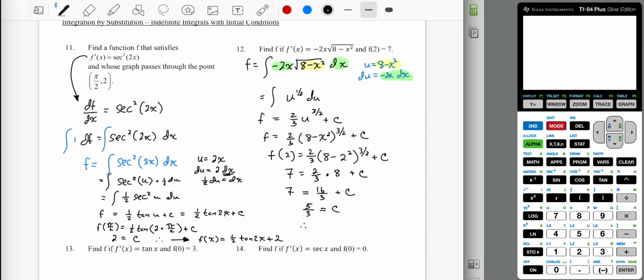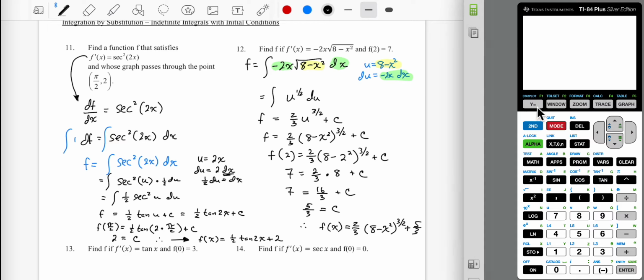So therefore, we're looking at f of x being equal to 2 thirds times 8 minus x squared to the 3 halves plus 5 thirds. Now this one is probably worth having a second look. Give it a quick double check.